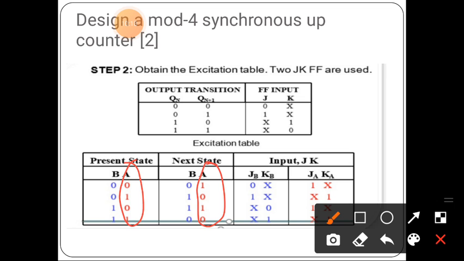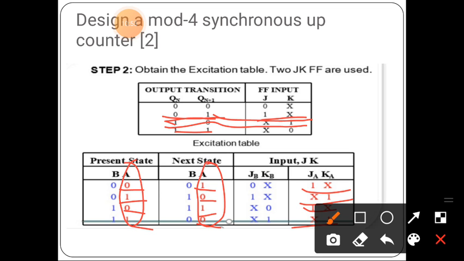Then next we consider the A input, the present state of A and next state of A. First case is 01, and the corresponding JK input is 1x. Then present output is 1 and next output is 0, that is x1. Then 01 again gives 1x, and 10 gives x1.